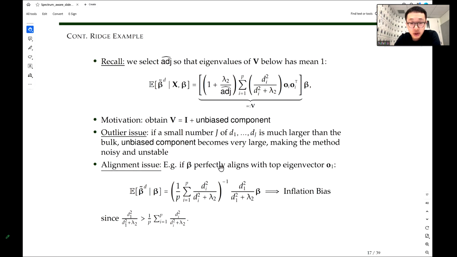The alignment issue is, if the signal perfectly aligns with the top eigenvector, then your expression becomes this, which introduces an inflation bias. The reason these are happening is because the assumption we previously made, that OI is independent from beta, is now broken.